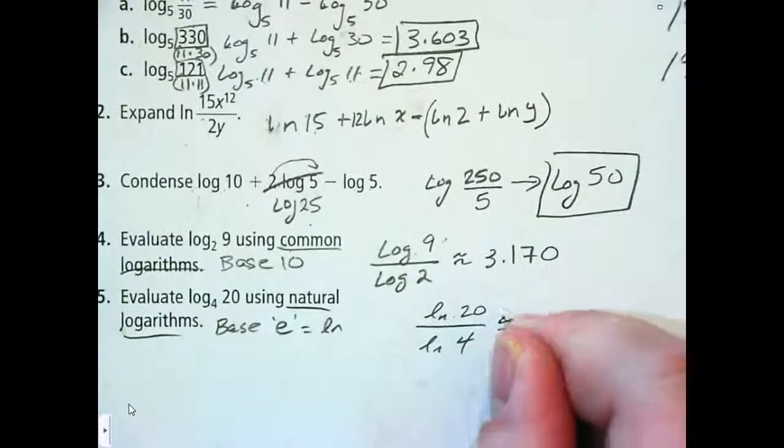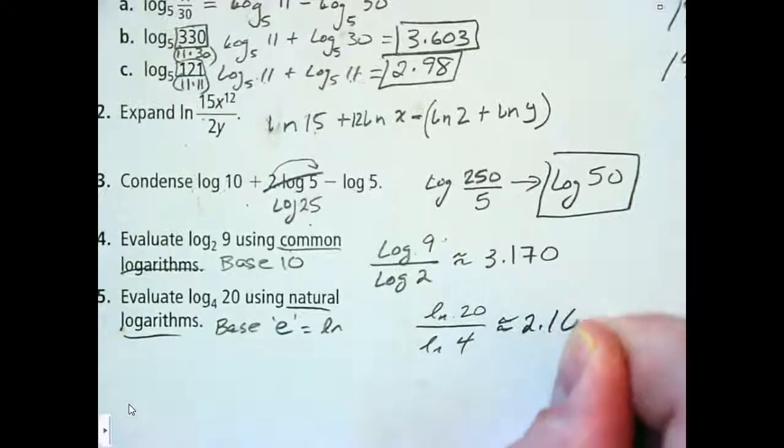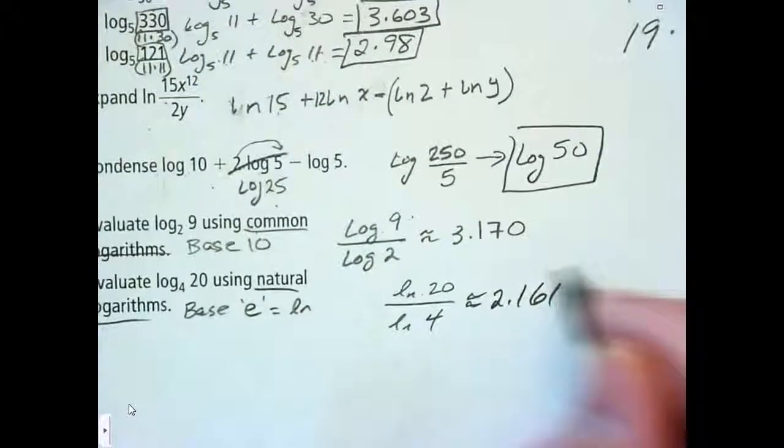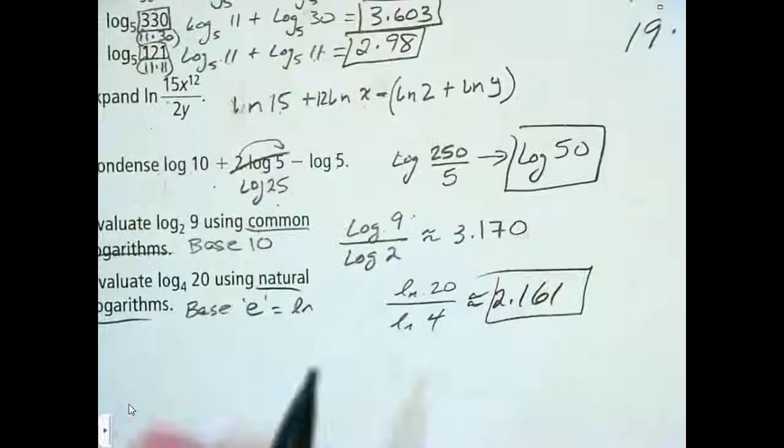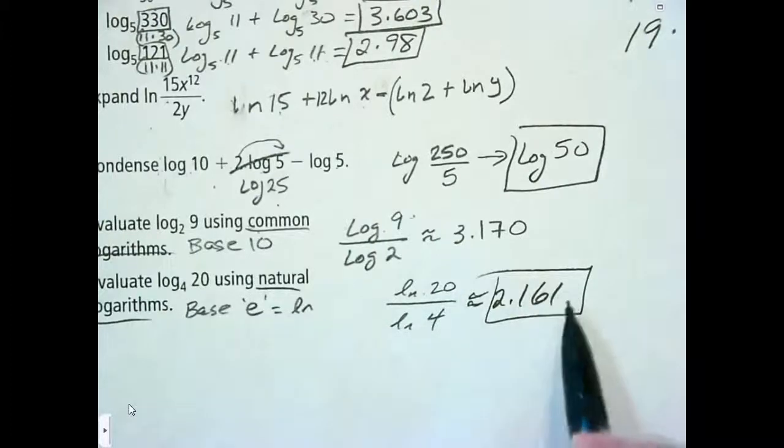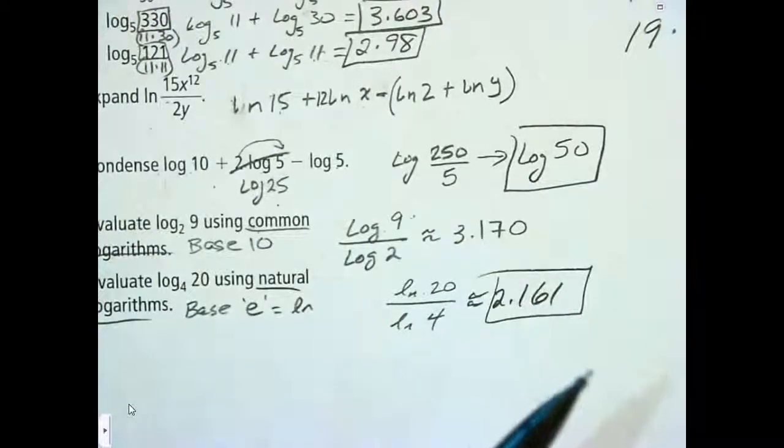Evaluating those would be approximately 2.161. Wait, I still got the same answer, but I punched the log into my calculator. Yep, you could, right? No matter what base you change it to, you're going to get the exact same thing. Okay. It's just they wanted you to change to natural log. Okay.